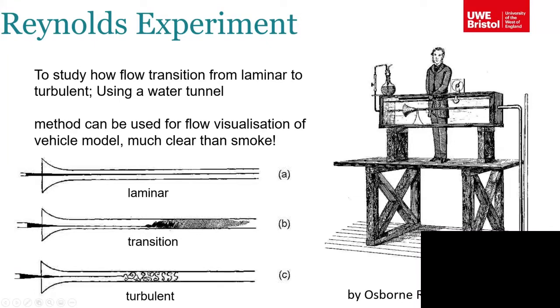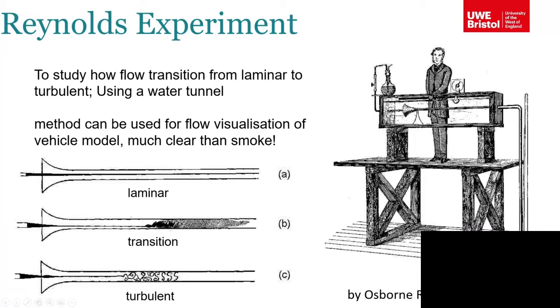And he had this tube carrying water downstream. Then he observed. What he did was he injected a tiny stream of ink into the flow, releasing ink at a very, very small flow rate.